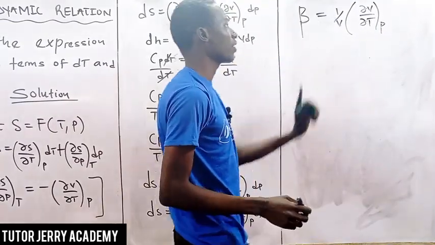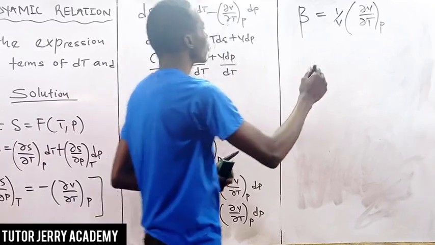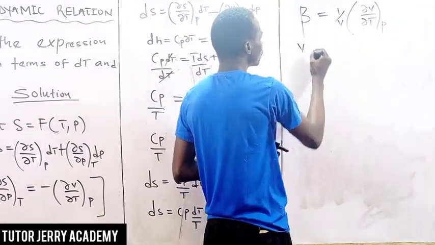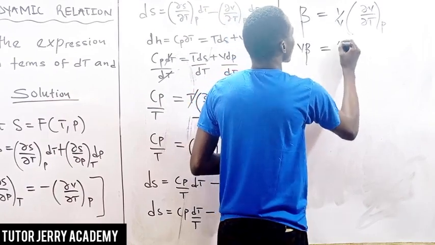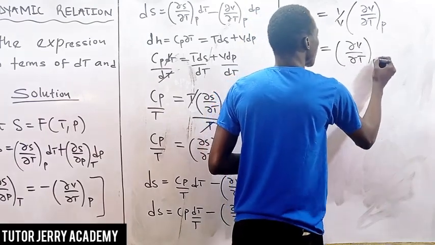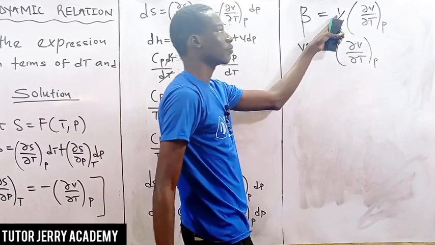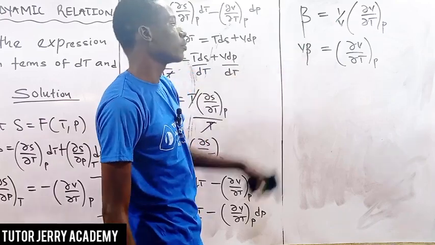If I multiply this equation by volume, I have V beta equal to the partial derivative of V over the partial derivative of T, keeping P constant. The volume I multiplied by cancels, so we have volume here only.